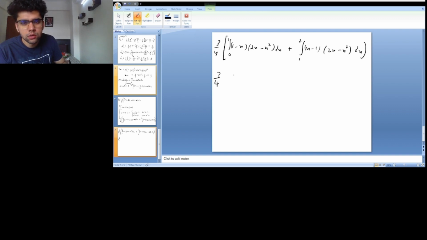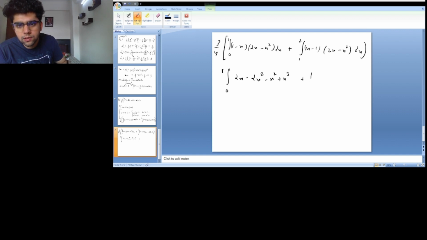Right, so this becomes 2x, calculations part is very tiring. 2x minus 2x square minus x square plus x cube.